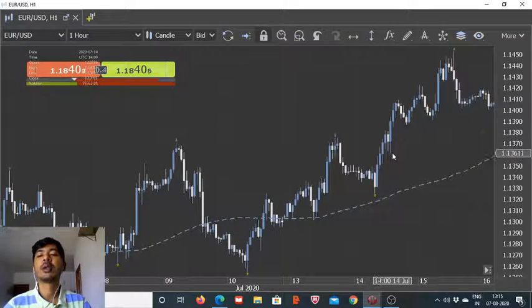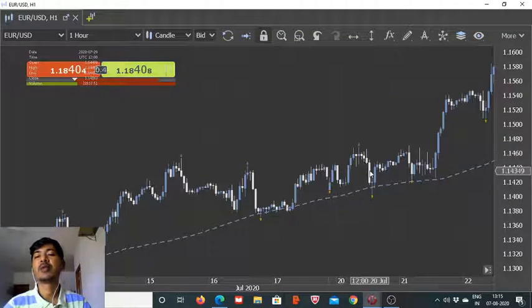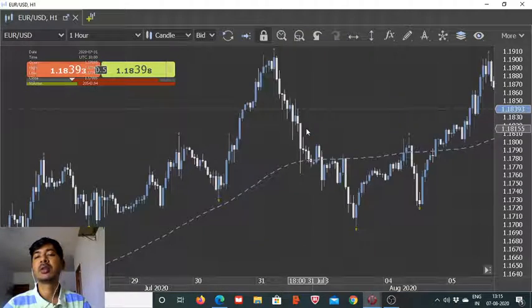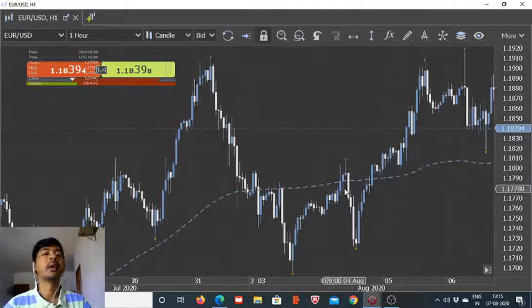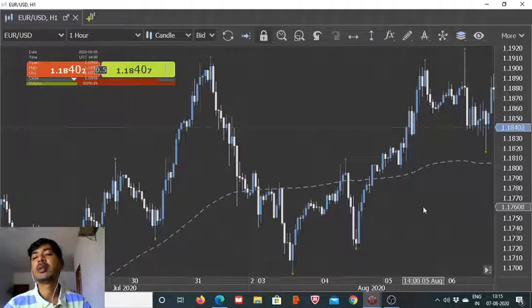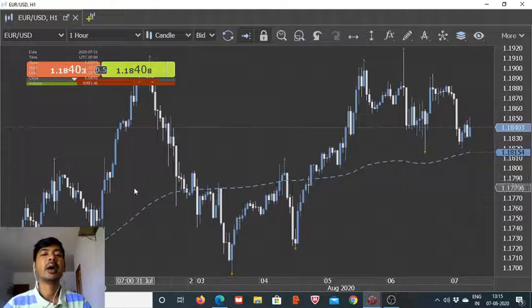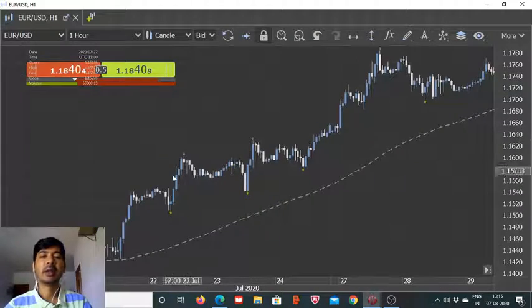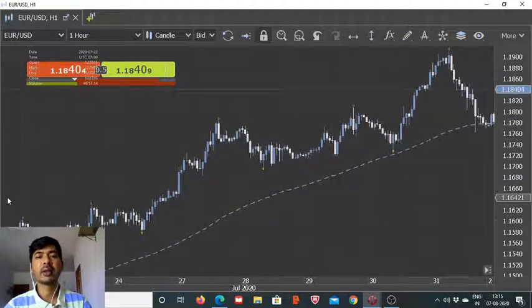And in the opposite instance, when the SMA is falling and the price action is showing some resistance at the SMA line, then we can say that the underlying momentum is bearish and we should look for a short sell trade. So both ways it will work extremely well.